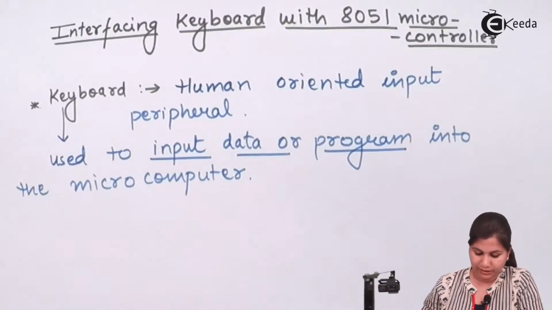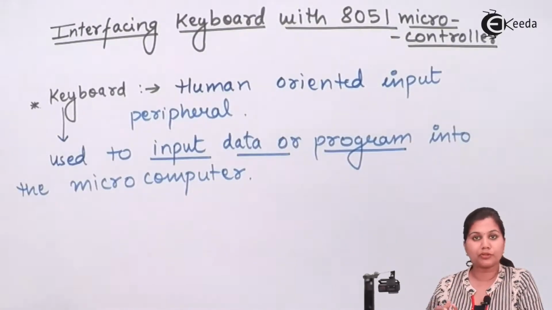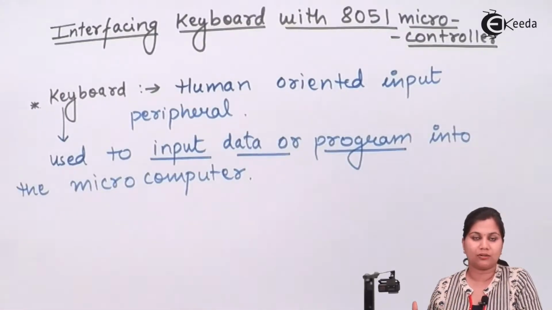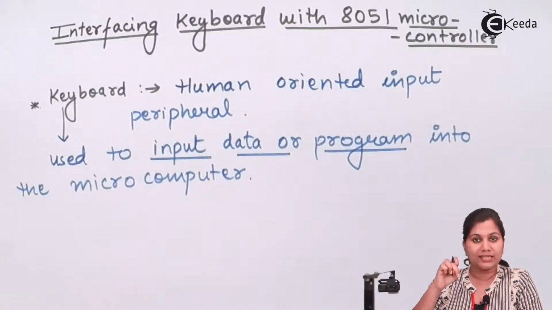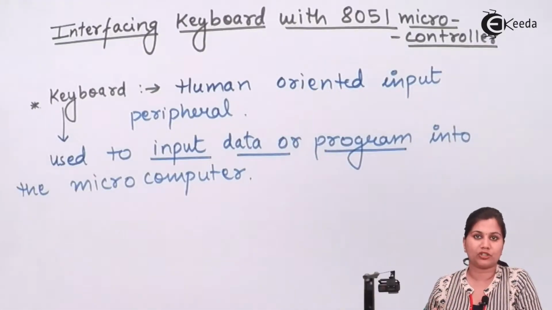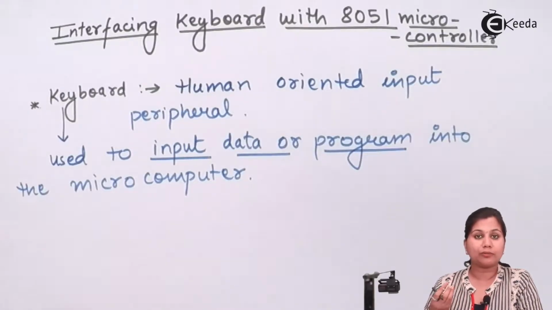Now this keyboard consists of push button type switches. In a keyboard we know that we have various keys. When a key is pressed, inside that key there are push buttons present, and these push buttons act as a switch.